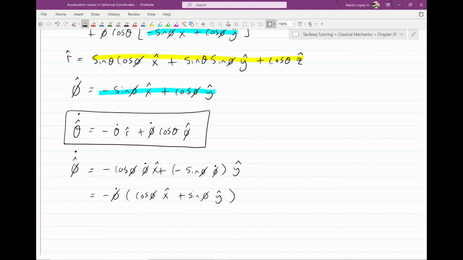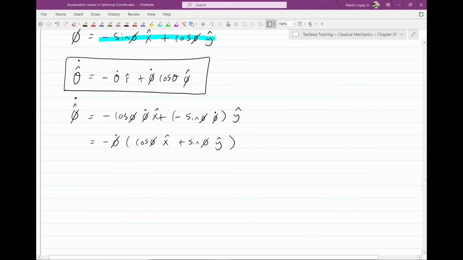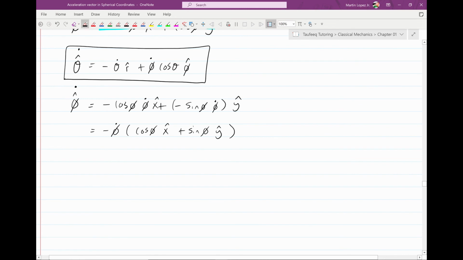It actually is that. But we're going to express this in a different way because we don't want x hats and y hats in our final expression. We want everything to be an r hat, phi hat, or theta hat. Technically we don't have to, but usually the solution will want everything in terms of just r, theta, and phi.